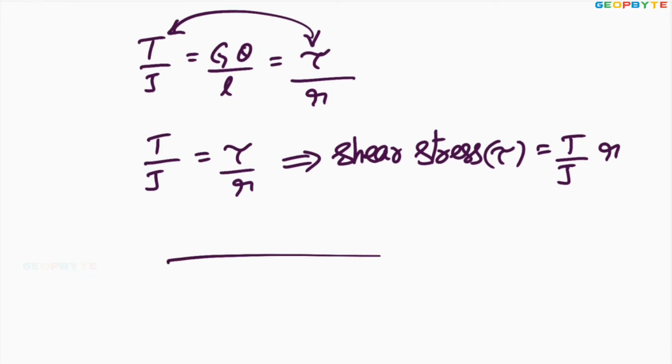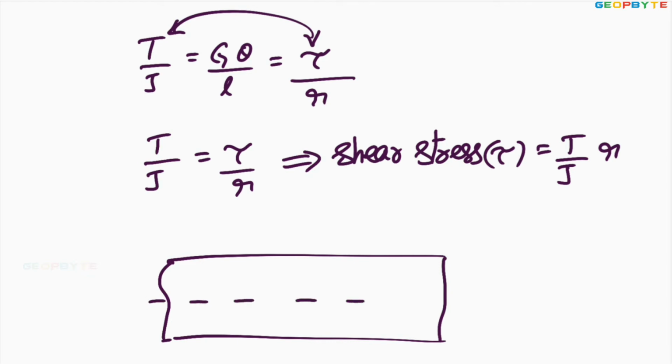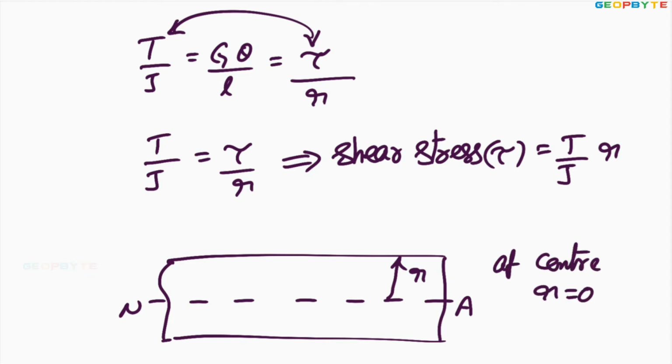What he is asking is, if a solid shaft is subjected to torsion, the shear stress induced at its center. Let us take the shaft. This is the central axis, also called neutral axis. This is the radius of the shaft, measured with respect to center. At the center, radius r equal to 0. 0 into something is 0, therefore shear stress at the center equal to 0.